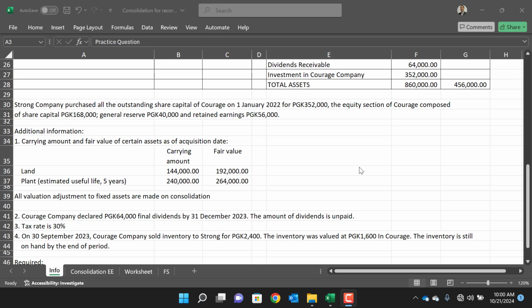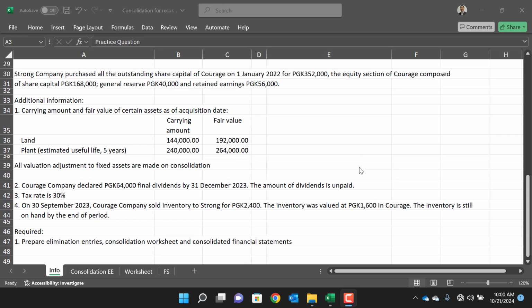Then we have the second additional information here. We have 64,000 kina, which is a final dividend and unpaid as of 31st December 2023. The tax rate is 30%. And then there was an intra-group transaction between Courage and Strong Company. Courage Company sold inventory for 240,000 kina.